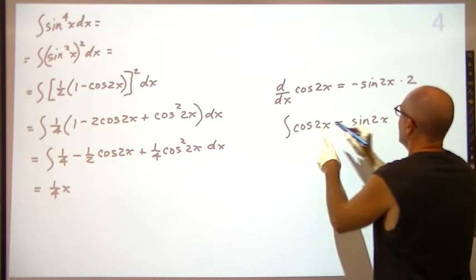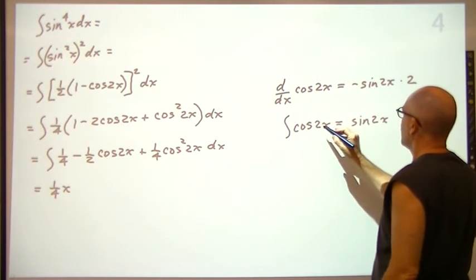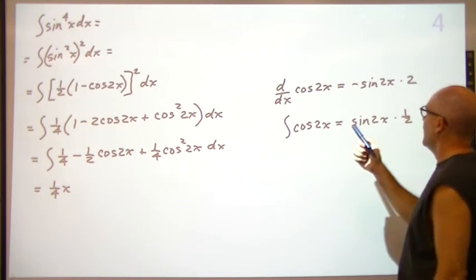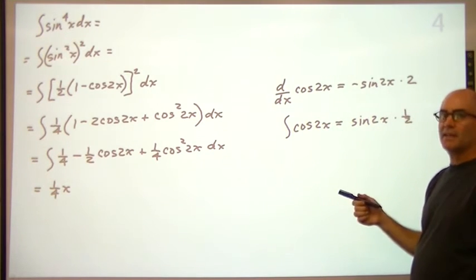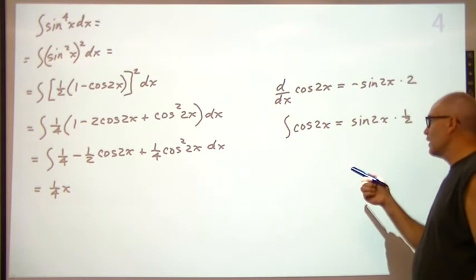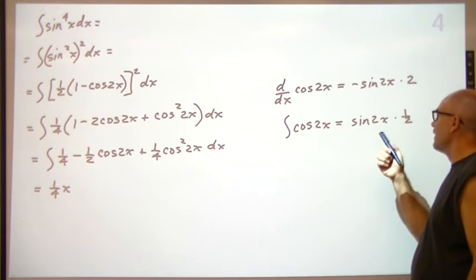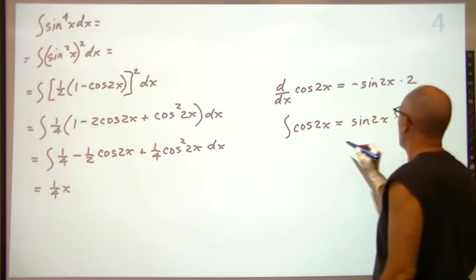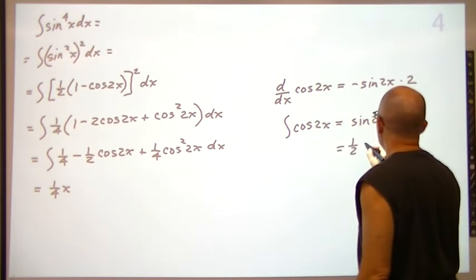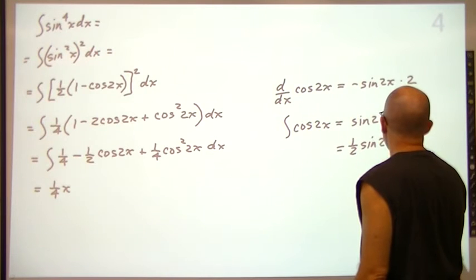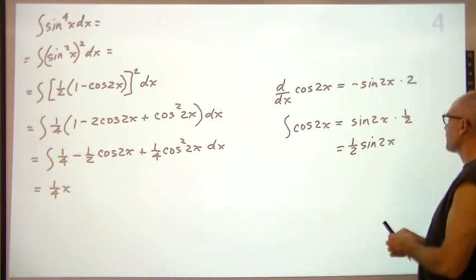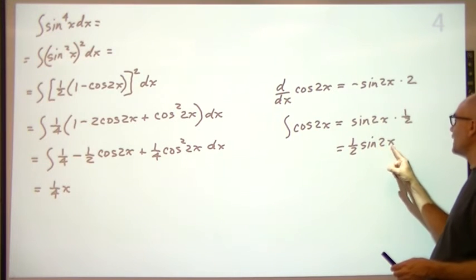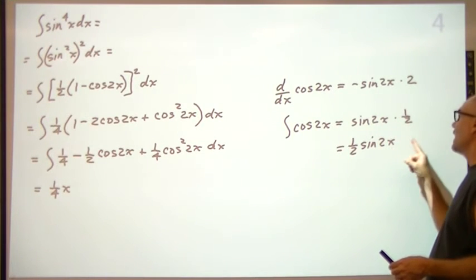But then I'm going to have the 2, basically u equals 2x, so du equals 2 dx, and dx then would equal 1/2 du. So there's my 1/2. So 1/2 sine 2x. Now notice, if I took the derivative of this, it would be 1/2 cosine 2x times 2.